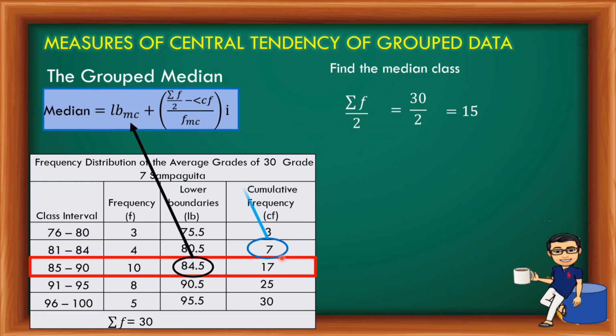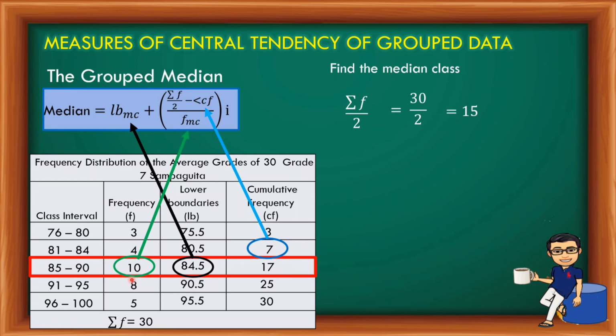Then, ito namang 7 natin, yan yung tinatawag na less than cumulative frequency. Kasi, yan yung cumulative frequency bago itong tapat ng median class natin. So, less than. Ibig sabihin, mas nasa baba, bago pa man ito, yun yung pipiliin natin. Kasi dito tayo nagsimula, na dito yung mababa sa taas, sumunod dito. Kaya ito yung next to this. Okay na? Next.